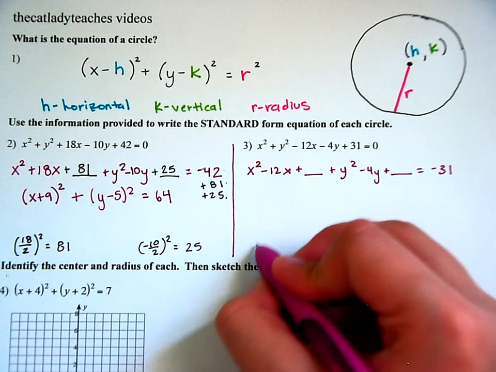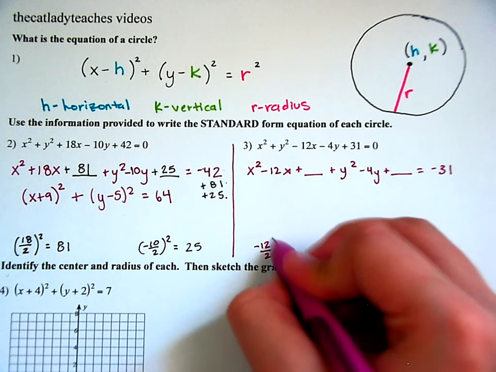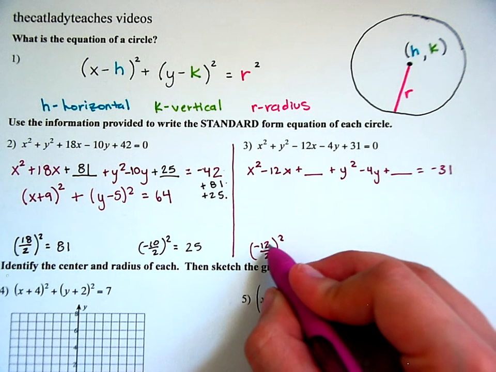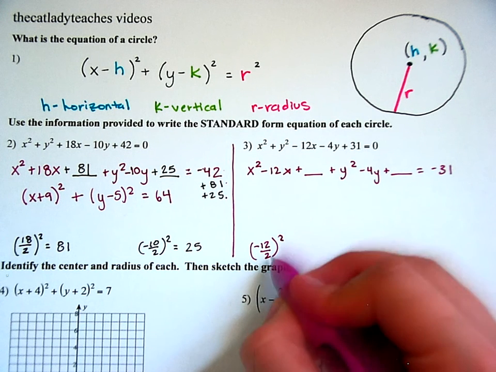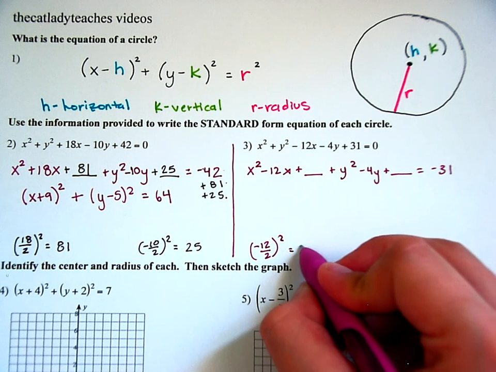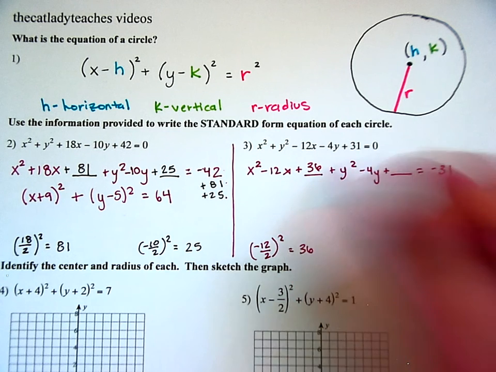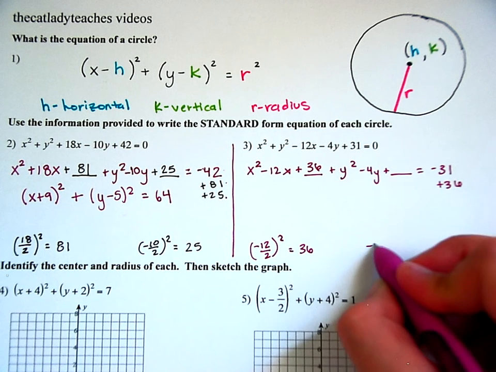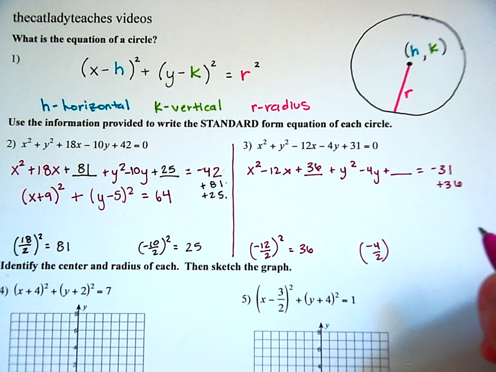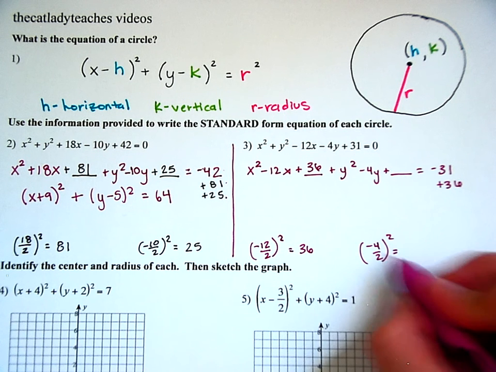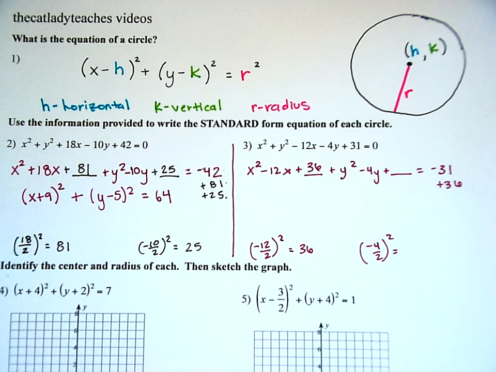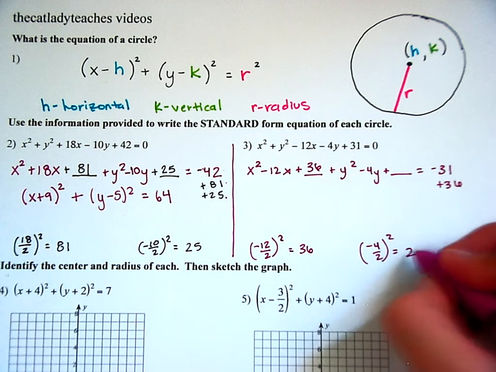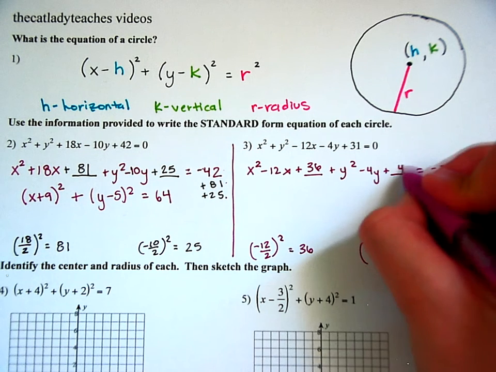Okay, so down here I'm going to do my math real quick. Negative 12 divided by 2 is negative 6 times itself. Make sure to add it. And then I'm going to do my y's. Divide by 2, squared is going to be, I'm sorry, 4. 2 squared.